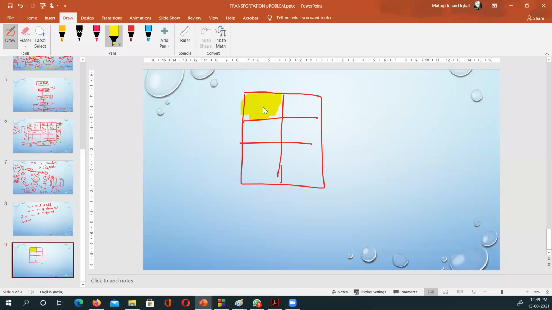So this box is that arc, which has 2 informations. A of ij, which is the arc of ij, is that box, and it has 2 informations. One is the Cij, that is the cost, and second is the Xij, that is the products, right?